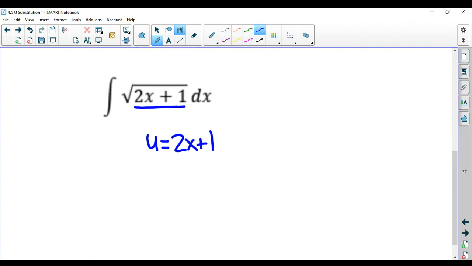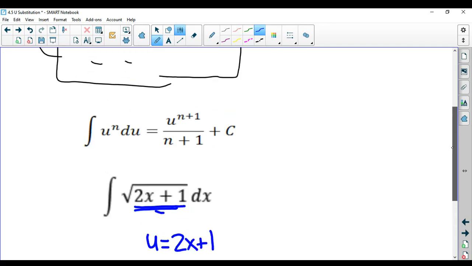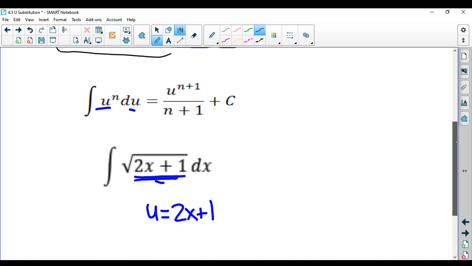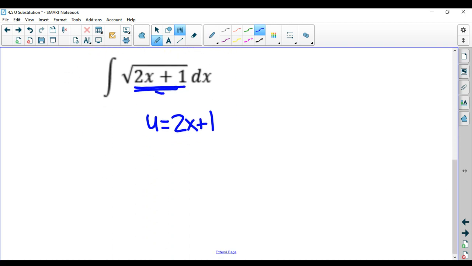So now we need to get a dx involved because we can't have this being u and have a dx. We need a u and a du. So to bring du into it, this is how we're going to think of it. Take the derivative.